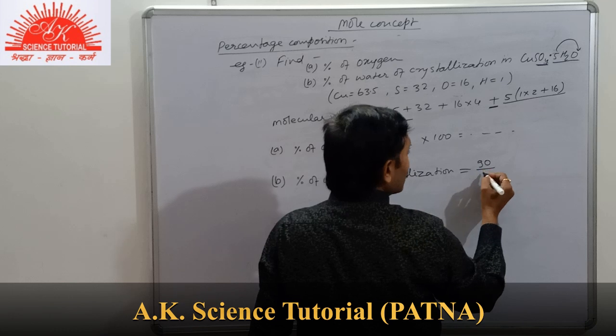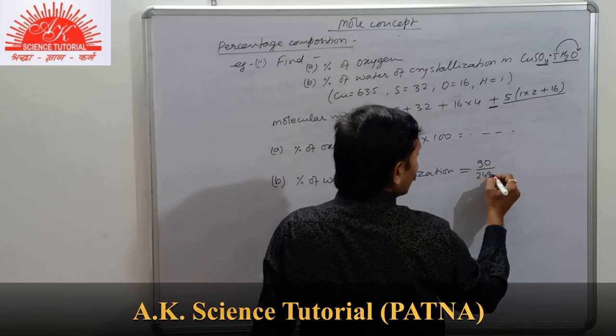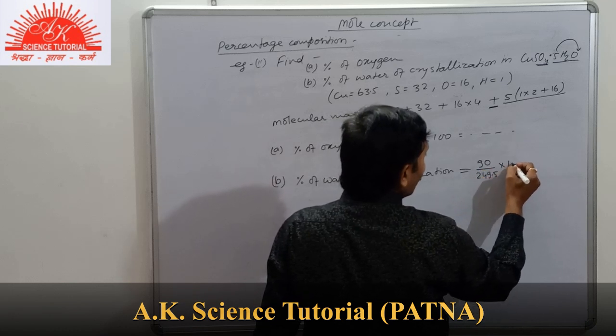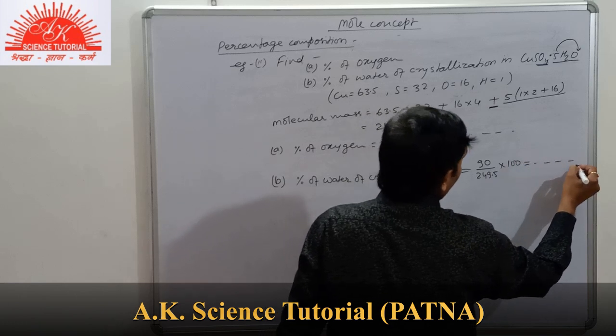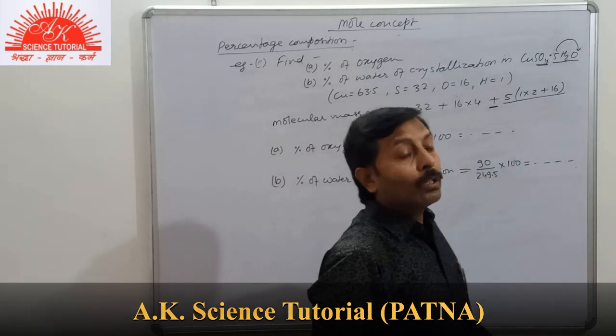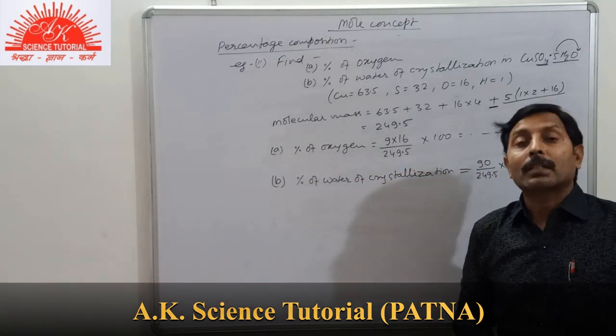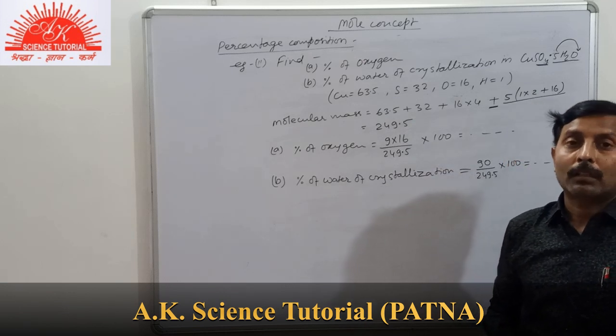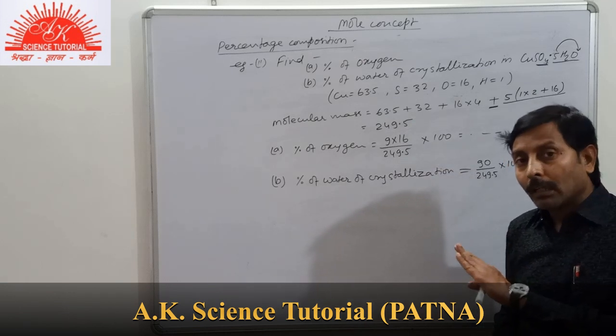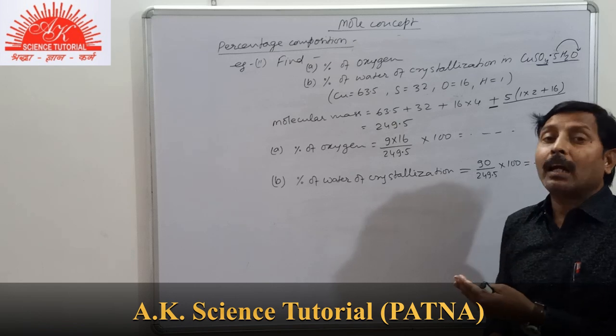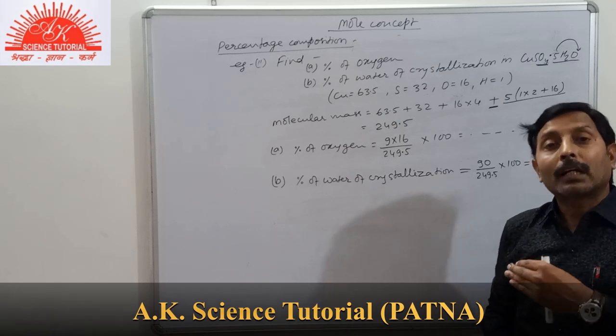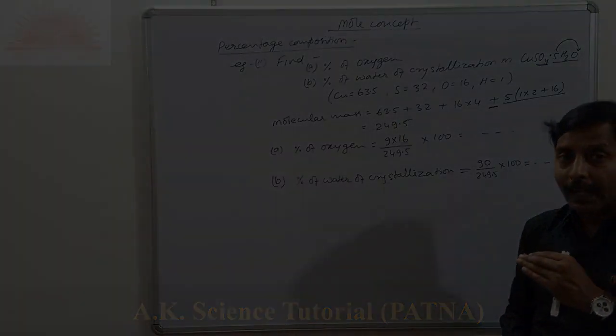That is, water of crystallization is 90 upon 249.5 into 100. Again you will find its answer. So this is the topic, percentage composition. Now clear, student? So after that we will start empirical formula and its calculation.